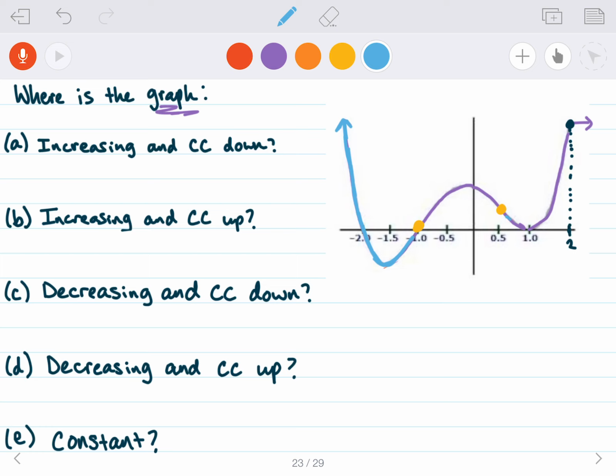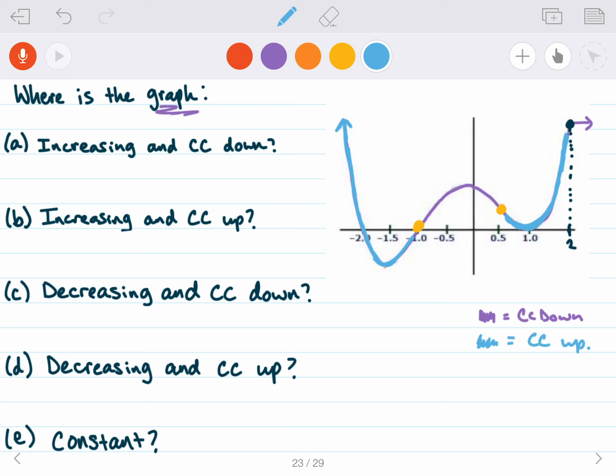And then we also have this little area that's concave up. So I'll do this one in blue as well. And then this one, I'll just leave in purple, concave down. So purple is concave down, and blue is concave up.